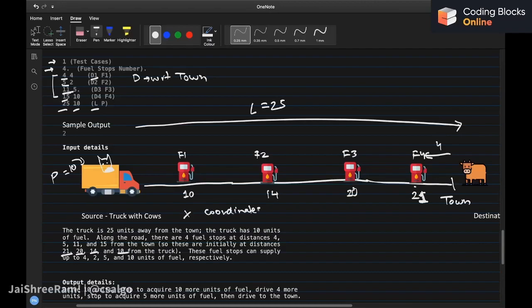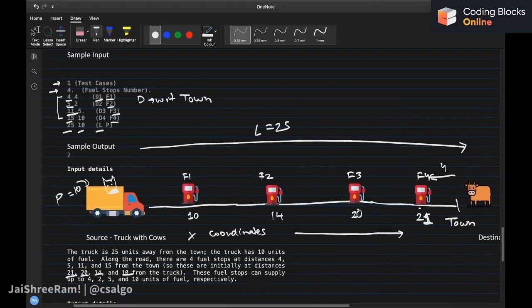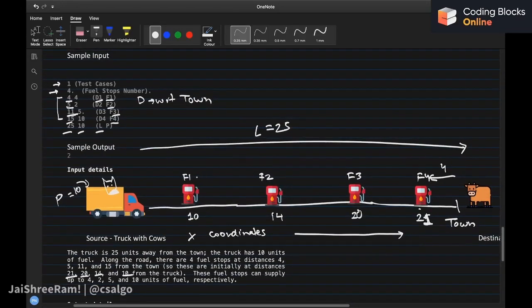Okay, so these are the distances of the fuel stops from the truck, and we are also given the fueling capacity of each station, how much fuel is available at each station. So here you have 4 units, this is 2 units, this is 5 units, and here you have 10 units.